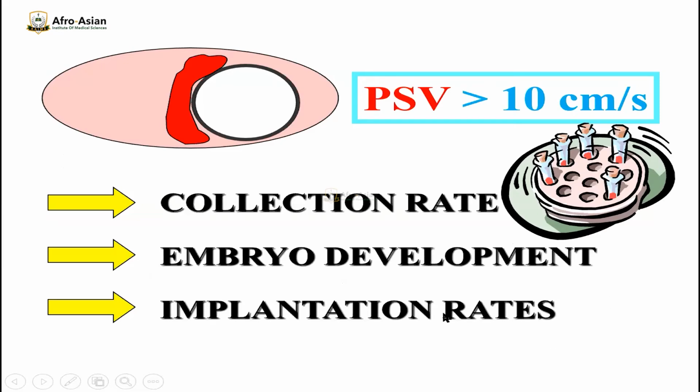So, an important thing is the collection rate of the follicles, embryo development, and implantation rates, while we assess peak systolic velocity when it is above 10 centimeters per second. So we measure perifollicular flow and assess the peak systolic velocity and resistive index.